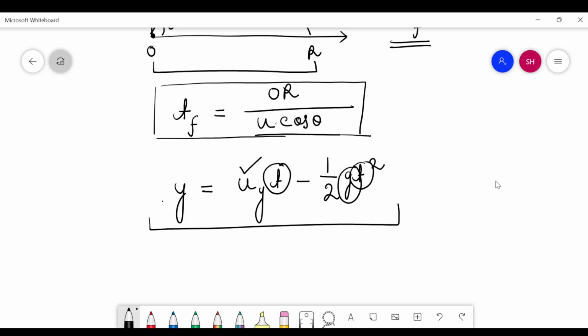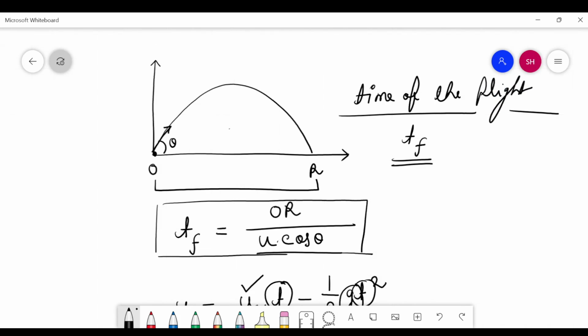Here, an interesting thing: y is equal to 0 at two particular points, one when it was starting and one where it was landing. See, here the displacement on y is equal to 0. Why 0? Because this was the ground level.